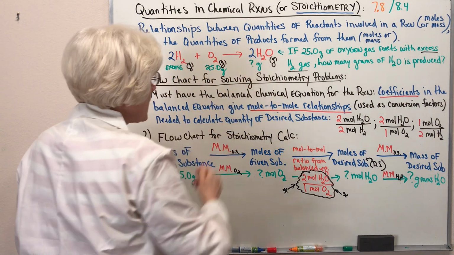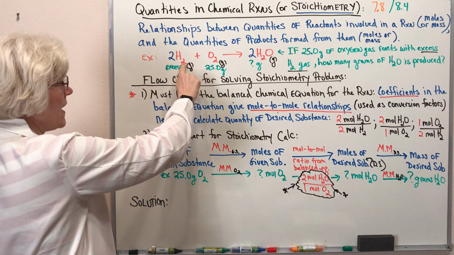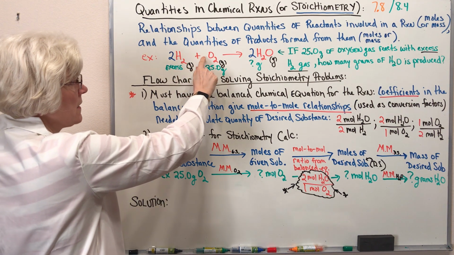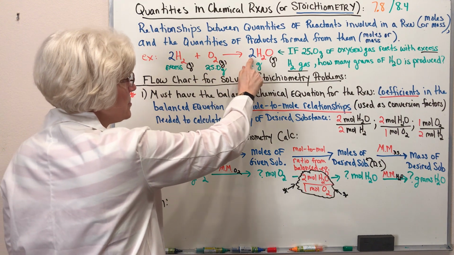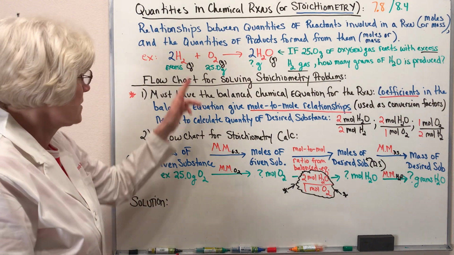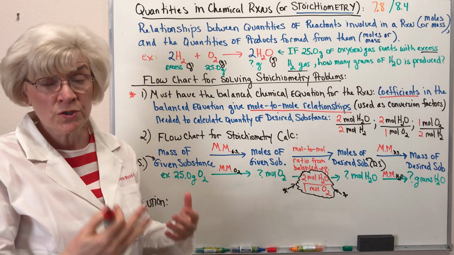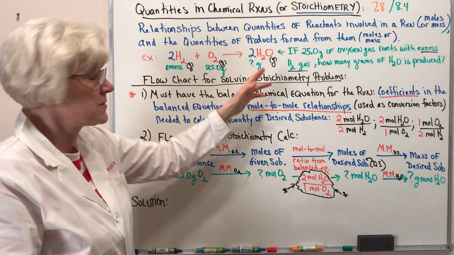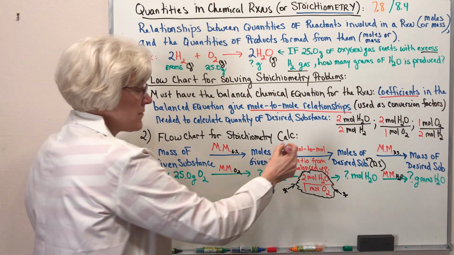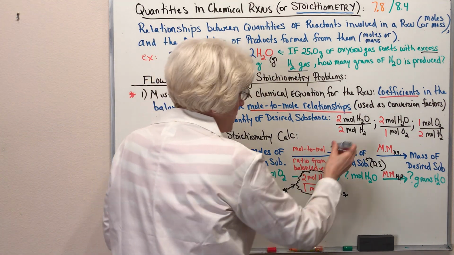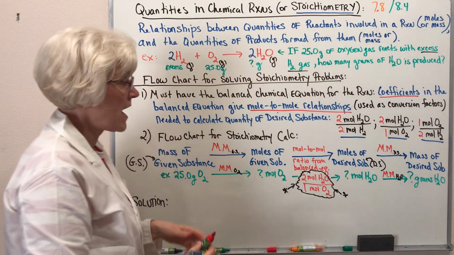Literally reading this equation, we would read it as 2 moles of hydrogen gas reacts with 1 mole of oxygen gas to produce 2 moles of water. So these coefficients in the balanced equation are the mole-to-mole ratios or relationships between all of the substances involved in the reaction. So I have written 3 mole-to-mole relationships that are valid for this reaction.